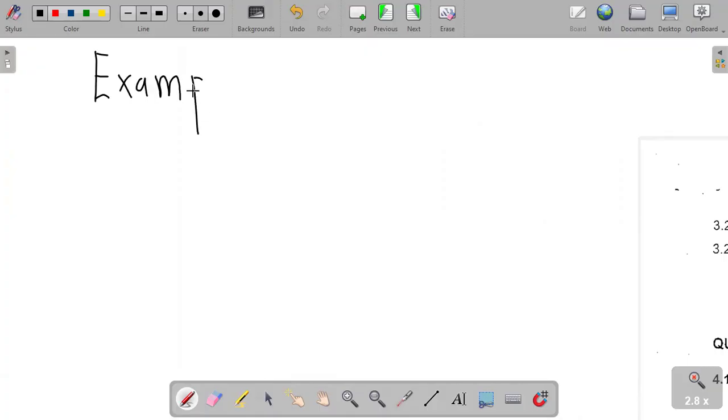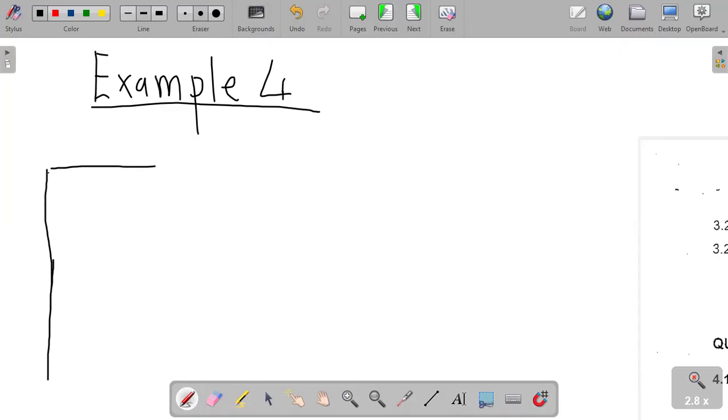Example 4 is a table that we are required to answer. They gave us 3 columns.